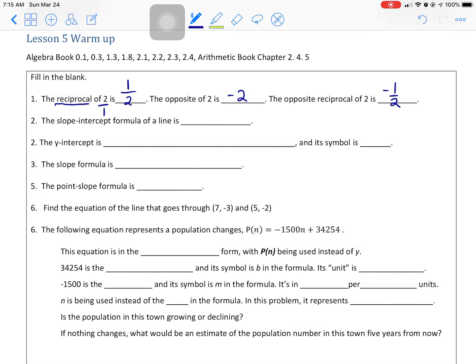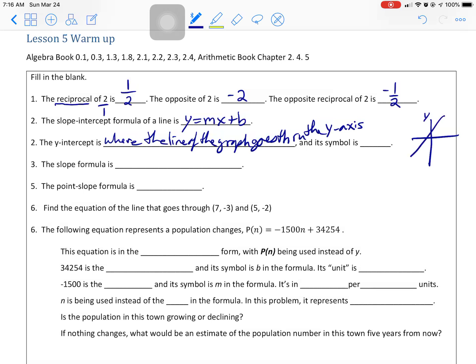Slope-intercept formula of a line: y equals mx plus b. Y-intercept is where? Where the line of the graph goes through the y-axis.